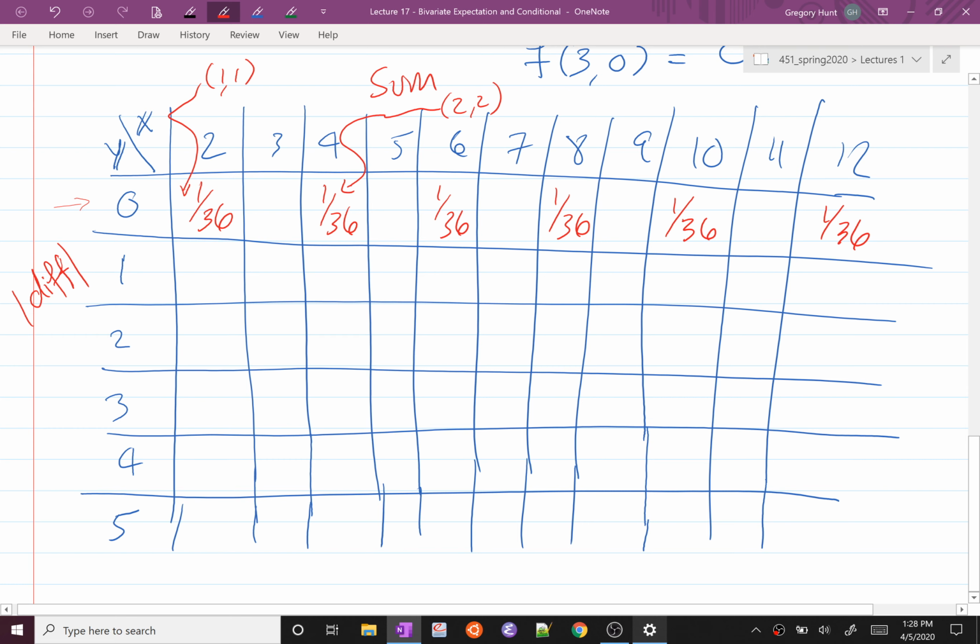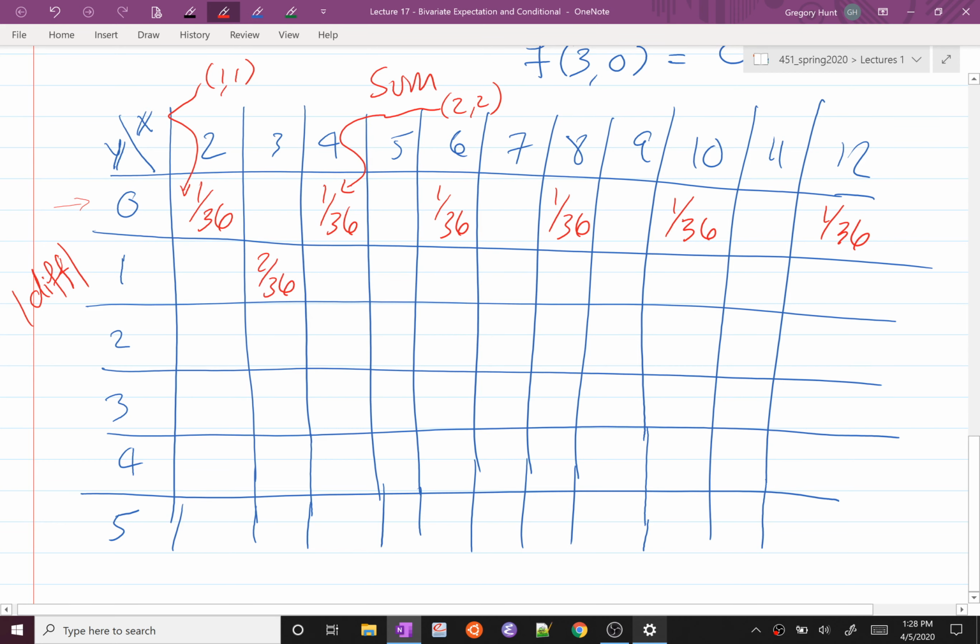Okay. If the absolute value of the difference is 1, so the difference is an odd number, we know the sum also has to be odd. That's a little number theory fact. So we're either at 3, 5, 7, 9, or 11. And we're going to get 2/36 in each of these, right?